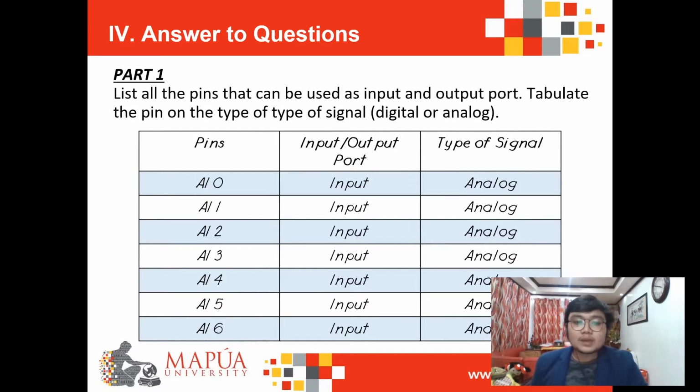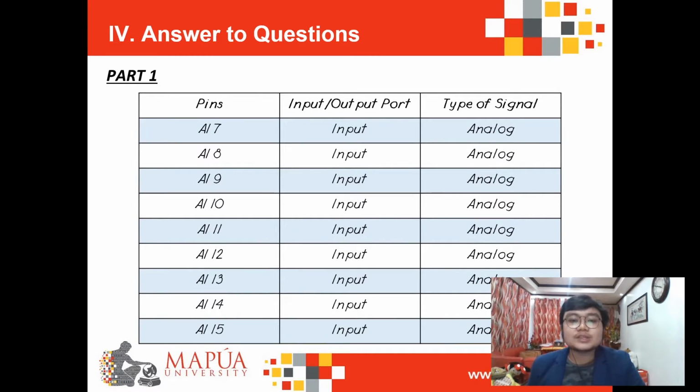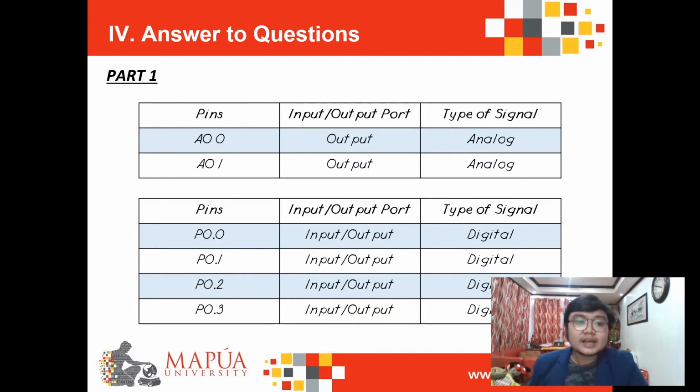So in summary, AI0 up to AI15 is considered as input analog, shown in the table. AO0 and AO1 is considered as output analog.